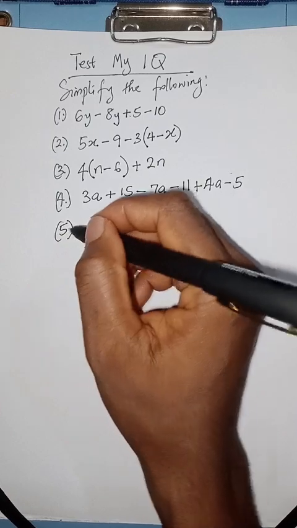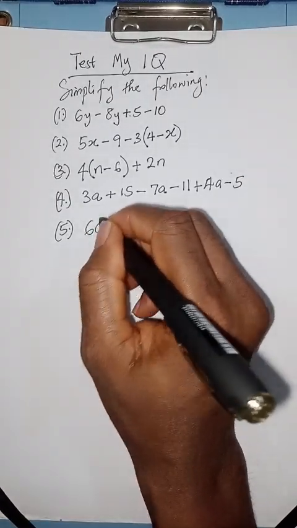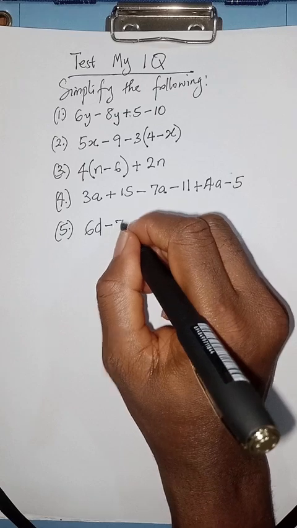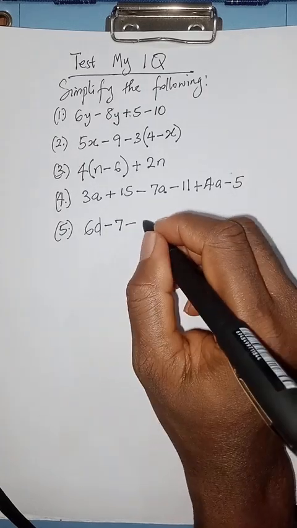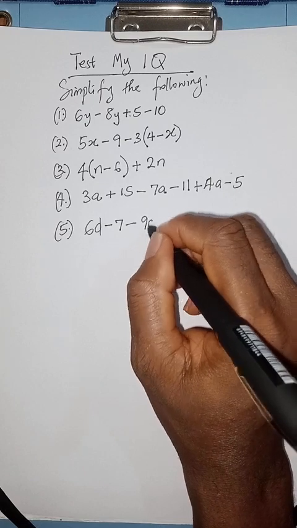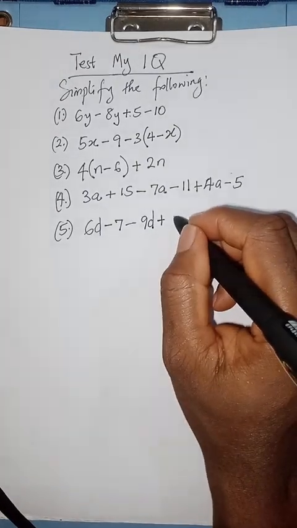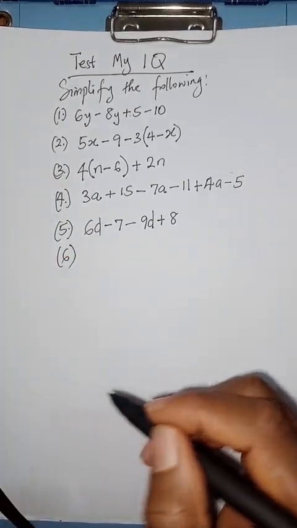Number 5, let this be 60 minus 7 minus 90 plus 8. Let this be number 6.